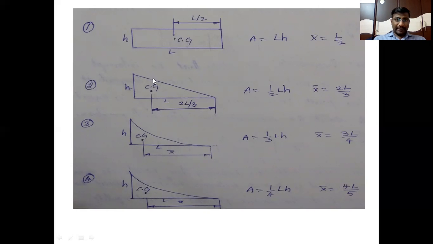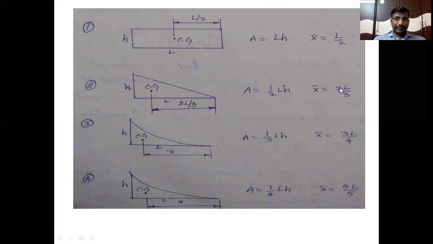And if the bending moment diagram is a triangular shape, the area is half into L into H, and X bar is 2L by 3 from apex. 2L by 3 distance from the apex, or L by 3 distance from the base. Here X bar is the distance of CG from apex, 2L by 3.